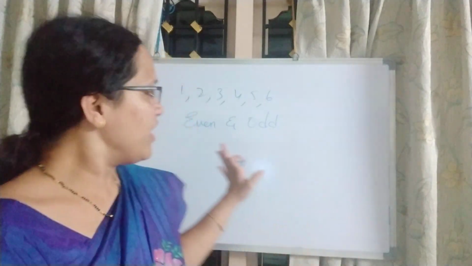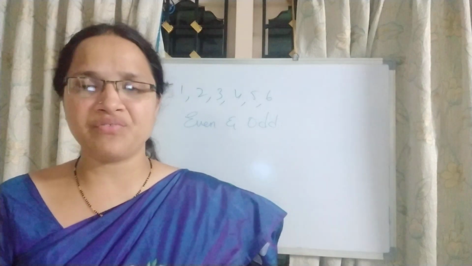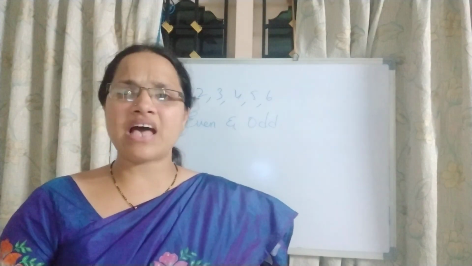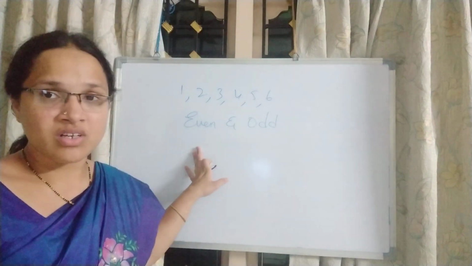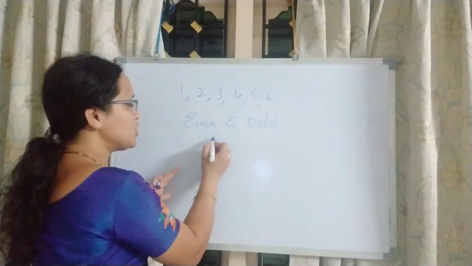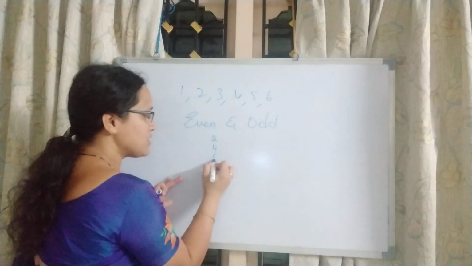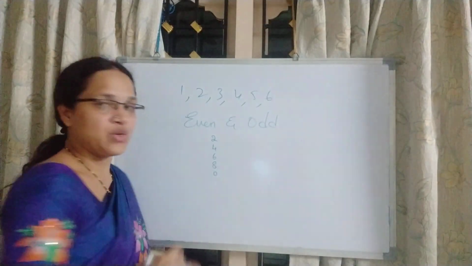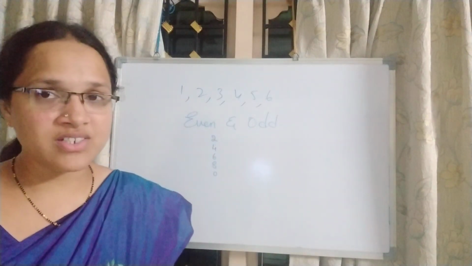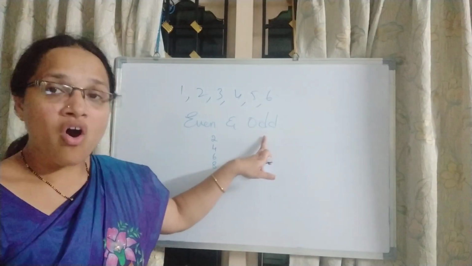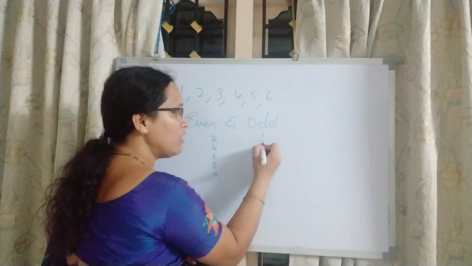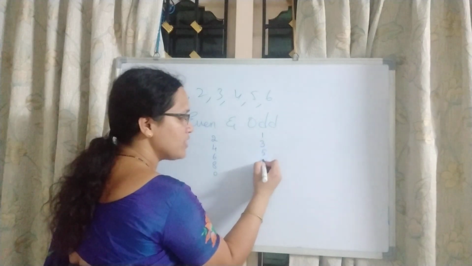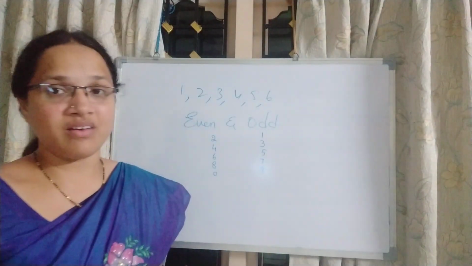Even and odd are very simple to identify, and let us have a small recall. Even numbers are those which end with 2, 4, 6, 8 and 0. Did you recall, children? Now odd numbers are those which end with 1, 3, 5, 7 and 9.